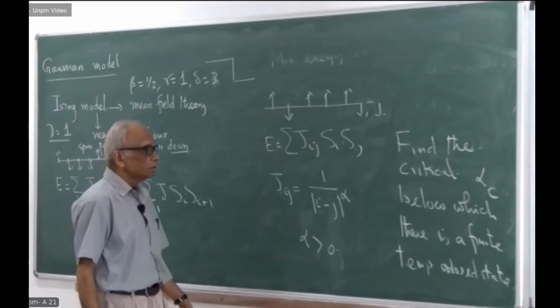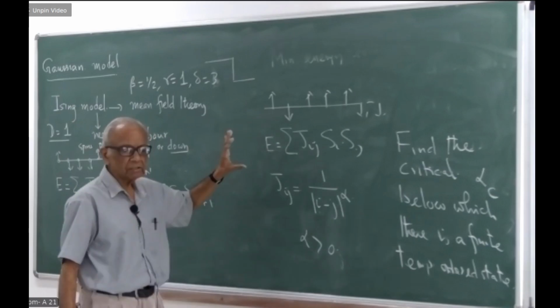The argument has to do with what we did a few minutes ago, that you have to change the configuration and ask whether the free energy has increased or decreased.